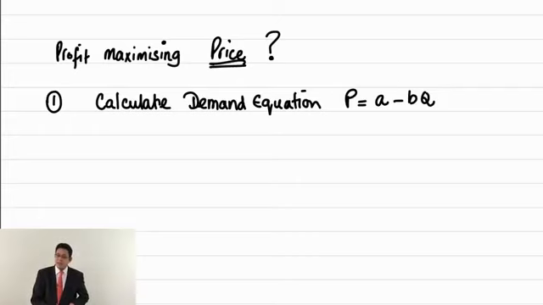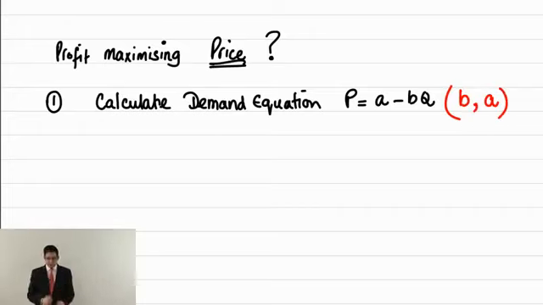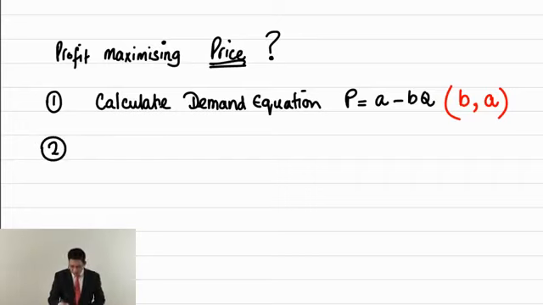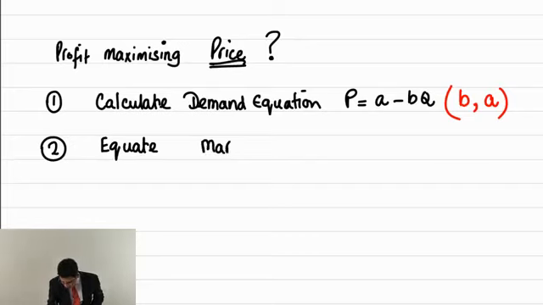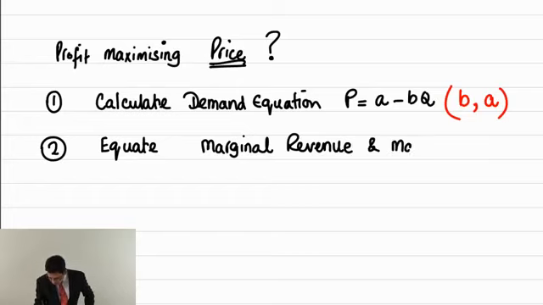And what answers did we get from this equation? Remember, we've got values of B and A. Is it okay? Afterwards, step number 2: equate marginal revenue and marginal cost.